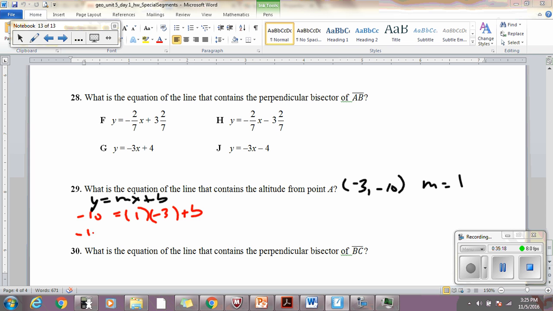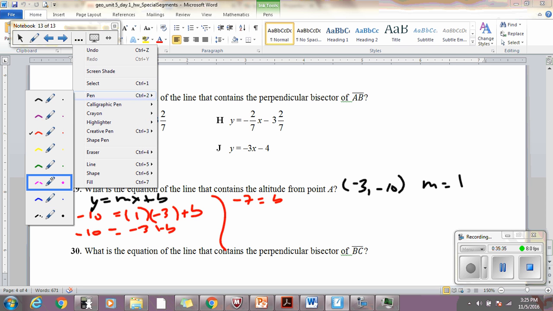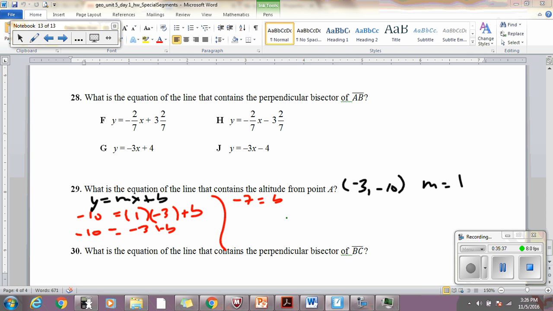So that would be negative 10 equals negative 3 plus b. So I would add 3 to both sides, which would give me negative 7 equals b. So the final equation would be written as y equals x minus 7.